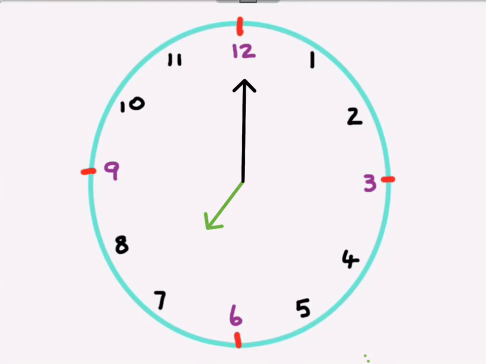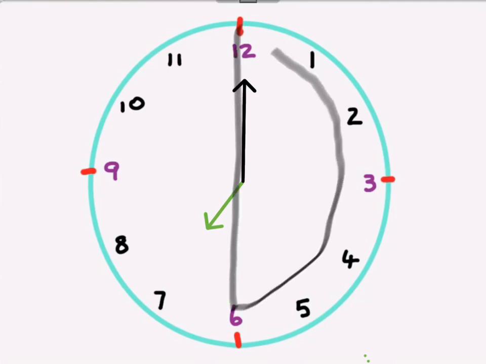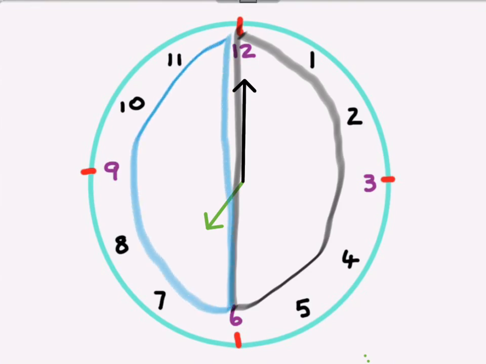Next one, I want to just show you, we technically could visualize the face of the clock in two halves. So if we were to just draw a line here, like that, we could say this half is when we are going past 12, and this half is when we are on our way back to 12.